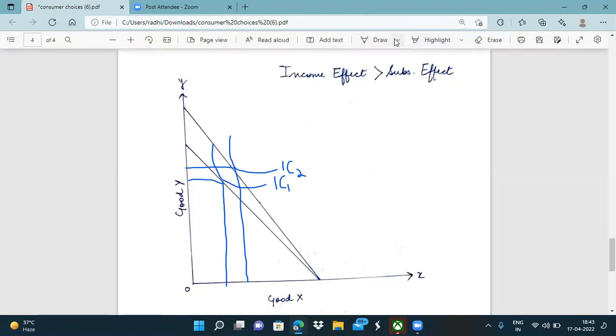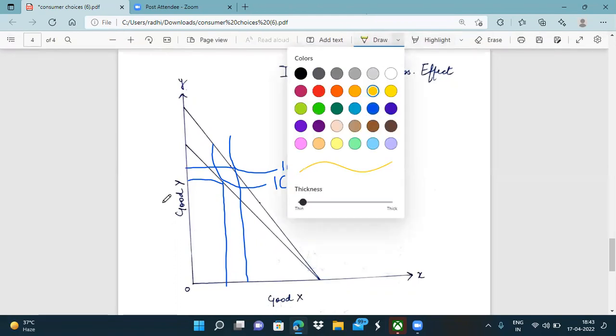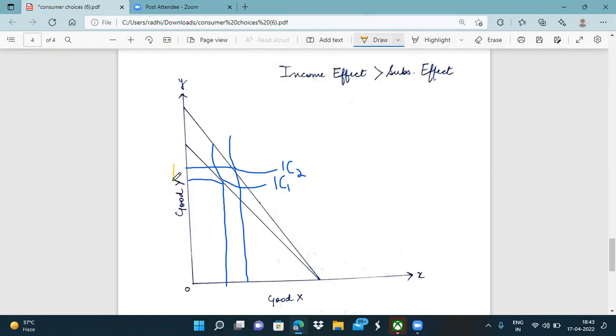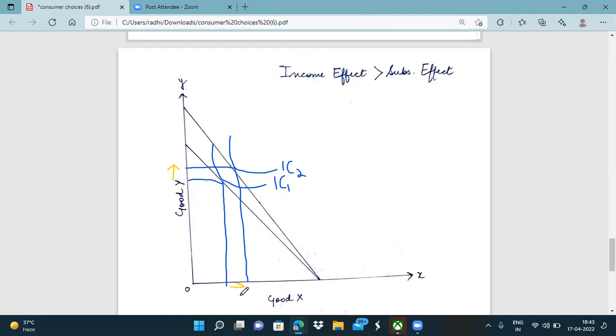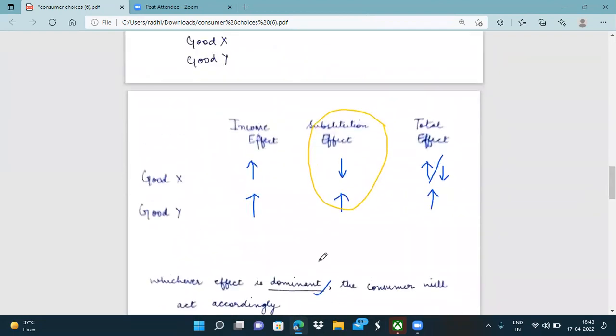So again, here we see that the consumption of good Y has increased, and this time the consumption of good X has also increased when the income effect was greater than the substitution effect. And this is similar to what we discussed above, that when the income effect is greater, the consumer would like to increase the consumption of both the goods.